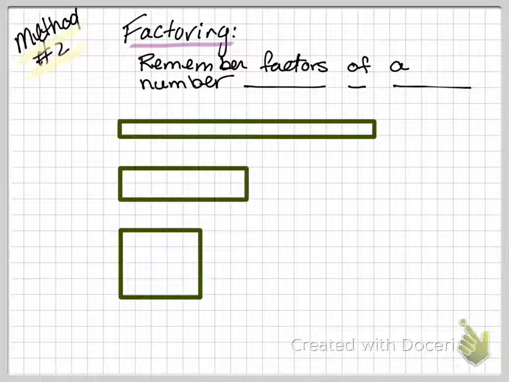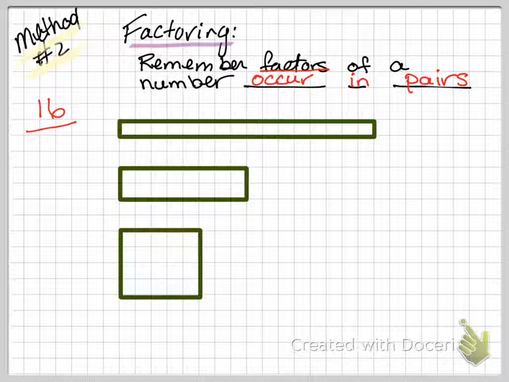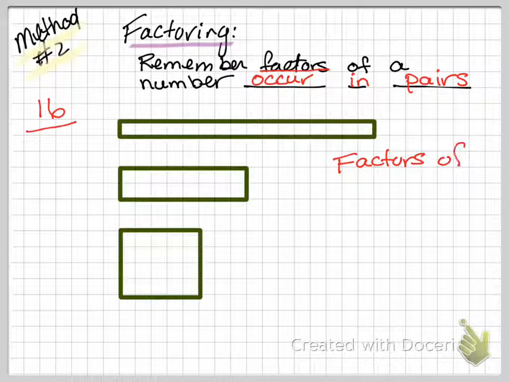Another method we can use is a factoring method. Remember that the factors of a number occur in pairs. When I'm finding the factors of a number, I'm asking myself what two numbers, when I multiply them together, give me the number I'm looking for. So if I think about the number 16, what are the factors of 16?